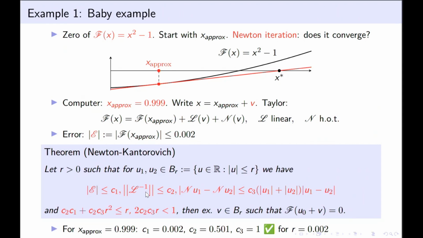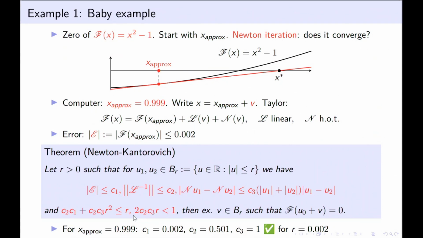In this case, it's all a bit ridiculous because this is all one-dimensional, so L is just a number, and the inverse is just the reciprocal of this number. And then this theorem tells you that if these two inequalities are satisfied, then there exists a solution of your equation f equals 0. So then there exists a true solution.